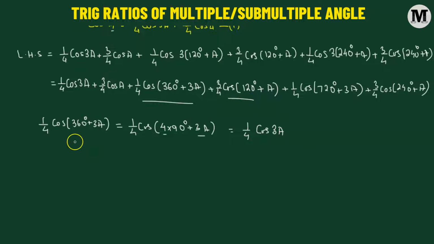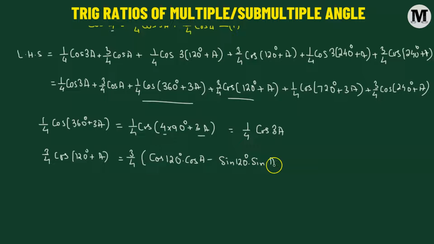Now coming to this particular angle, we have 3/4 of cosine of 120 degrees added to a. So this will be equal to 3/4 times cosine of 120 plus a. So what we'll do, we will expand cosine of 120 plus a to get cosine 120 degrees times cosine of angle a minus sine 120 degrees times sine of angle a. Fine.